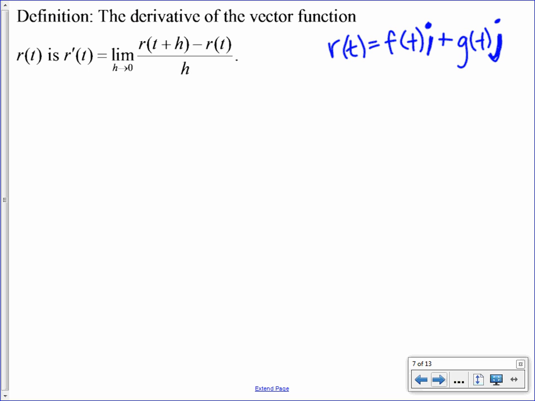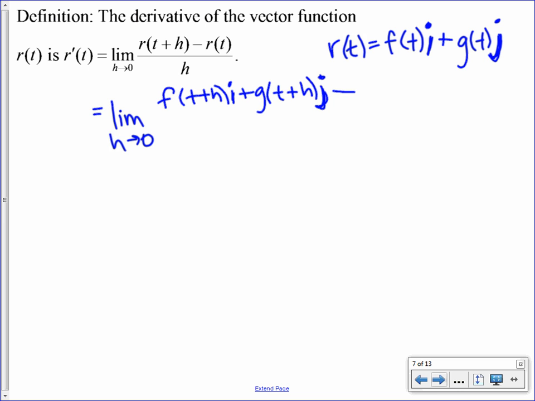We're going to figure out r of t plus h, which is f of t plus h i plus g of t plus h j, minus r of t, over h.